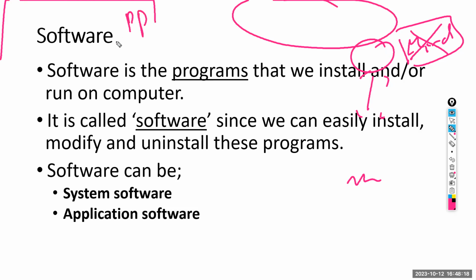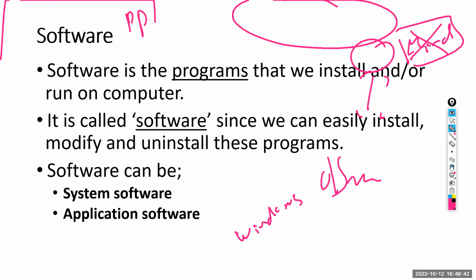Right now I am using the Windows operating system, which is also software. You can't touch software. Of course, you can touch a CD containing the software, but software is a conceptual thing. It's code.